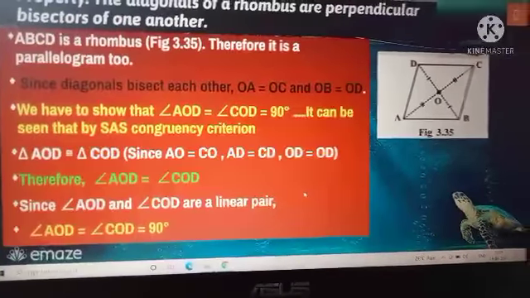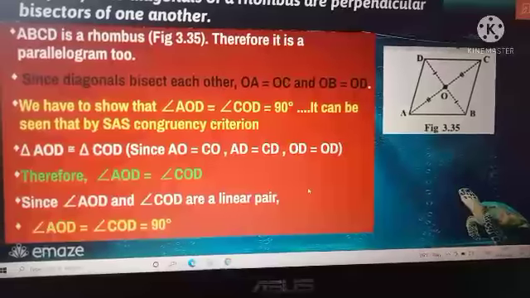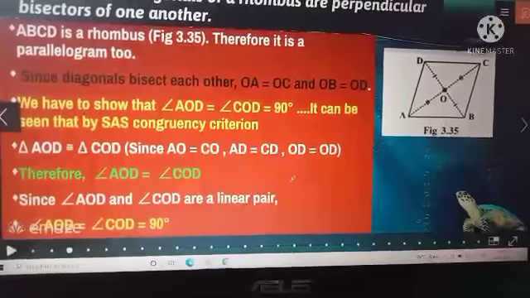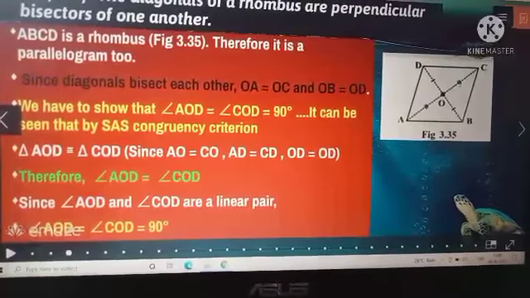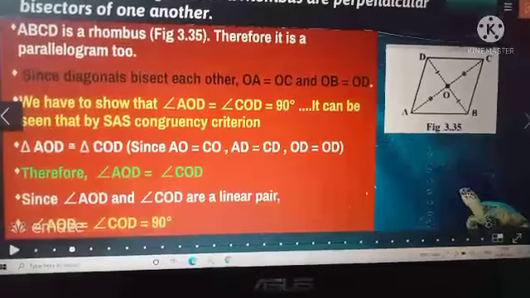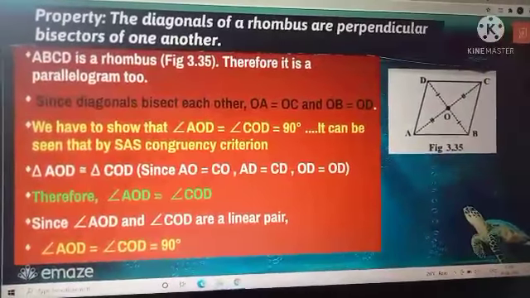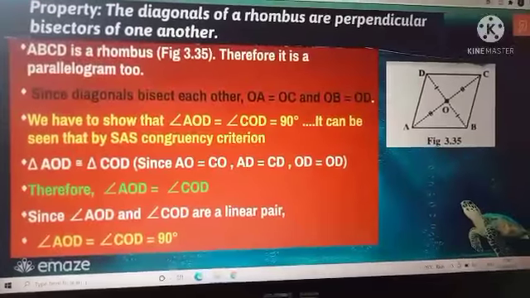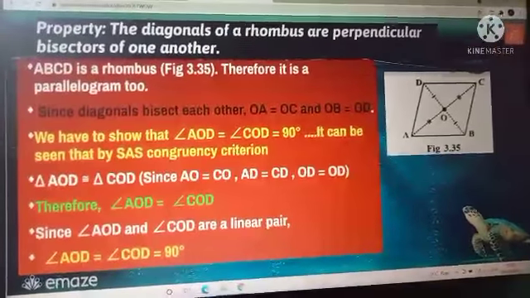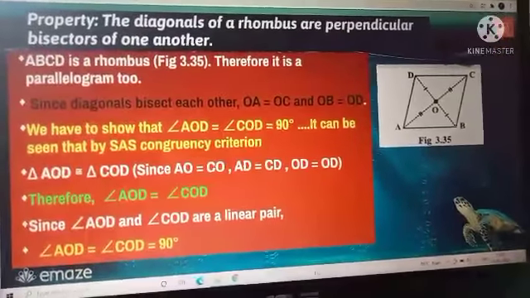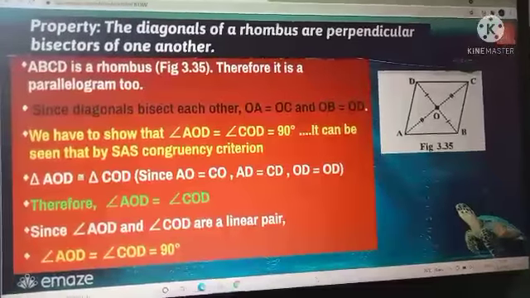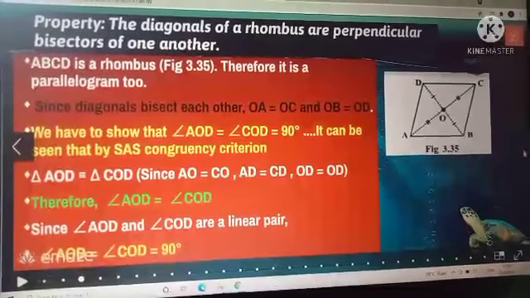And one more thing, angle AOD and angle COD are a linear pair. So, angle AOD is equal to angle COD is equal to 90 degrees. That means the diagonals of a rhombus are perpendicular bisectors of one another.